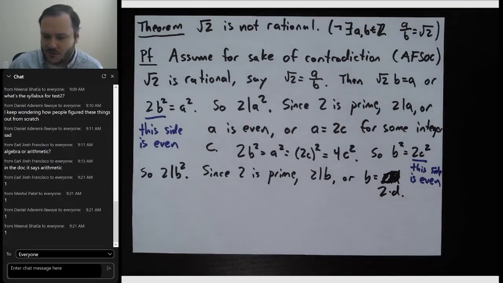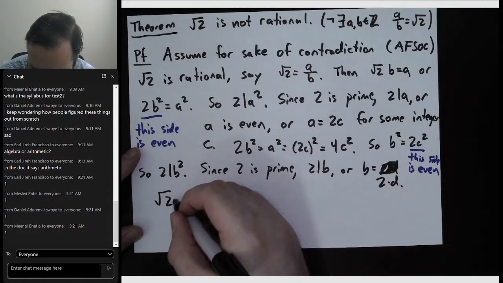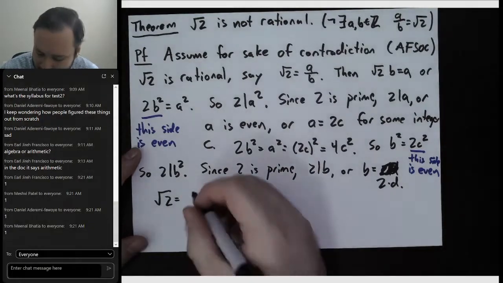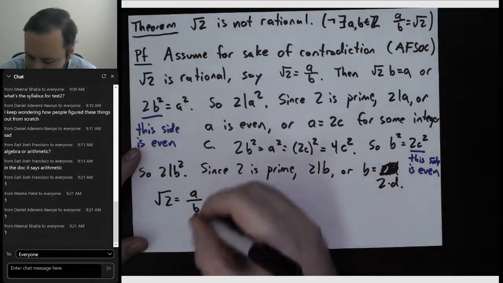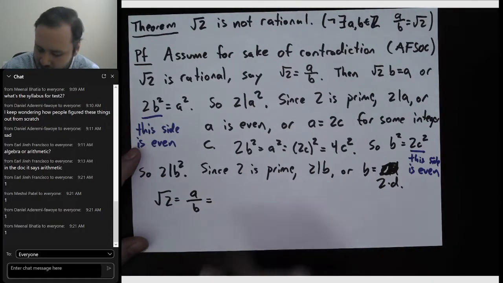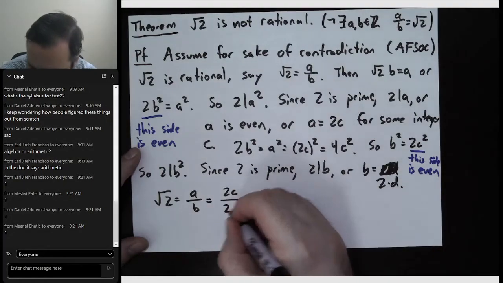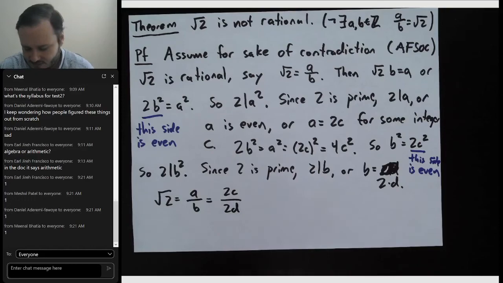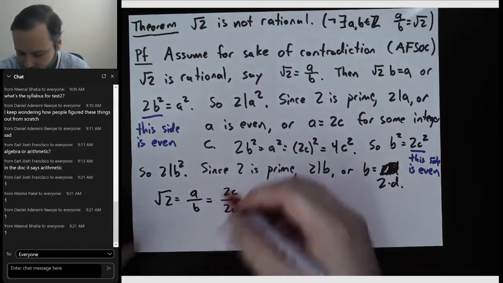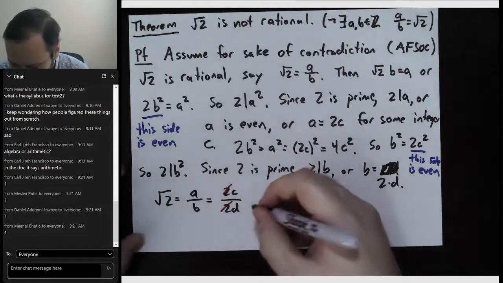And now here's where I've run into a problem. I have the square root of 2 is equal to a divided by b, but a is 2 times c, and b is 2 times d, so I could cancel my 2's and get a simpler fraction.